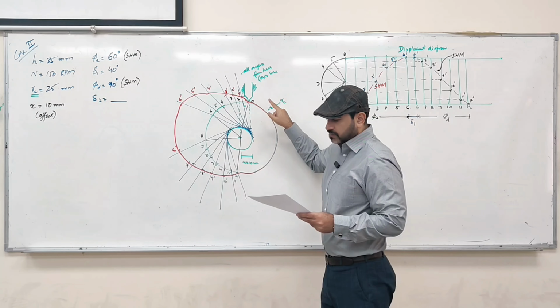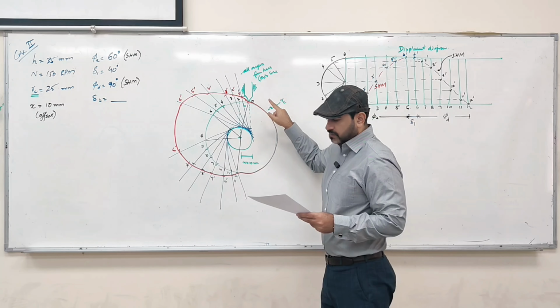After that, we have a displacement diagram. Both are simple harmonic motion, so we need to have this circle. We decided to have 6 divisions, so we draw the 6 divisions on the circle and 6 divisions on this side. To extend the line, you need 2 points. One is a tangent to this circle passing through 1, tangent to this circle passing through 2, and so on, and extend these lines.